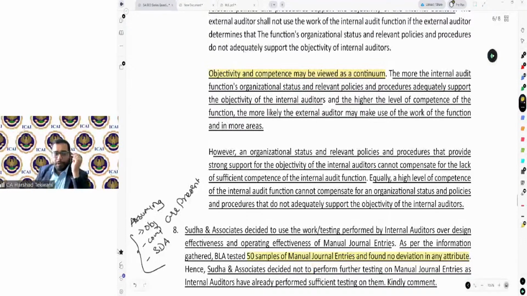Assuming objectivity, competency, and a systematic and disciplined approach for internal auditors are present, can I rely upon the work performed by the internal auditor for manual journal entries? Come on, guys. Can I rely upon the work performed by the internal auditor or not?